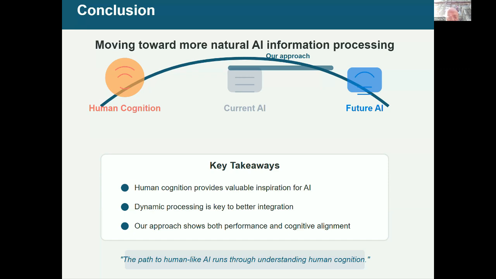As multimodal AI systems become increasingly integrated into various aspects of human activity, ensuring their compatibility with human cognitive patterns will be essential for effective collaboration and communication.